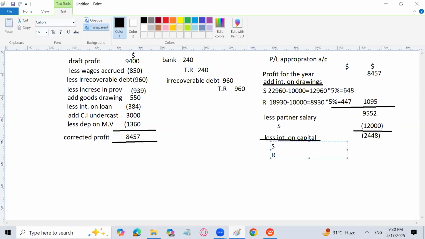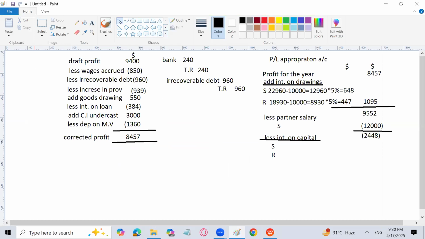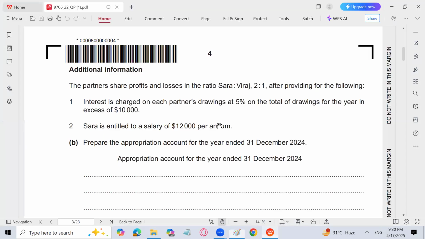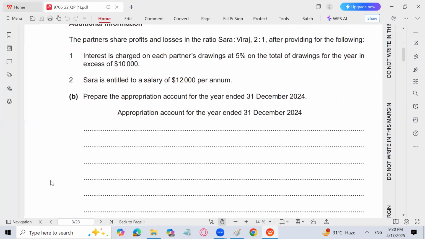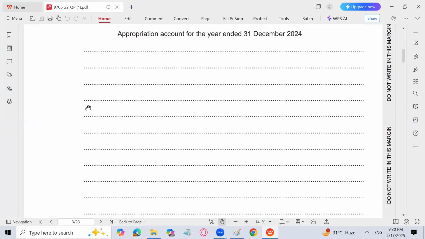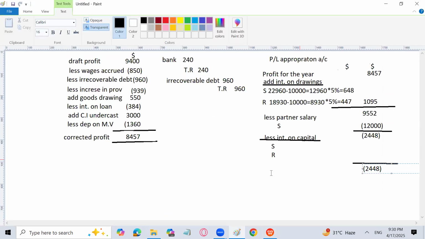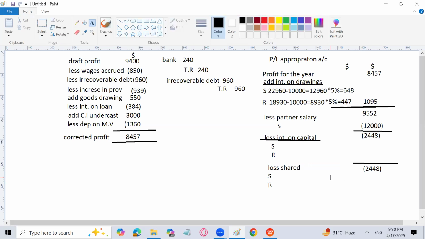So now we'll go for this loss, which is going to be distributed between S and R. It is 2448, and the ratio between them, I think, is 2:1. Given 2:1 is the ratio between them. So the profit and loss here is for S and R. Can you calculate 2448 into 2/3 and then 2448 into 1/3?